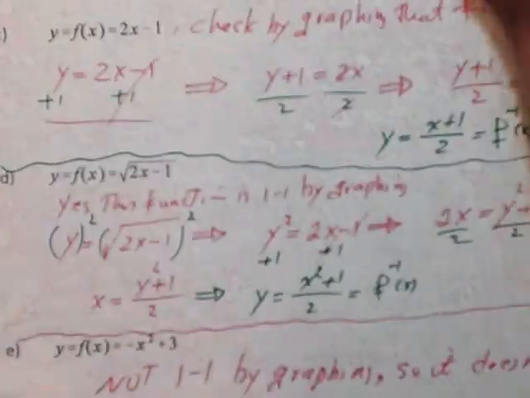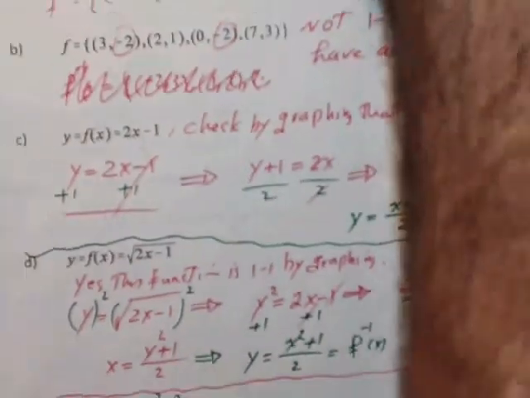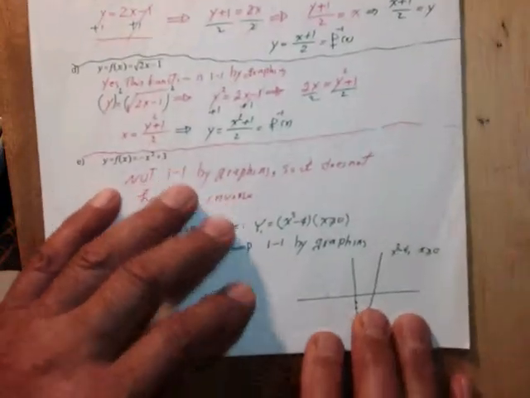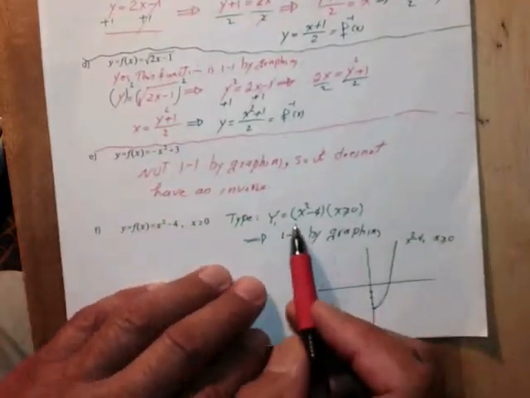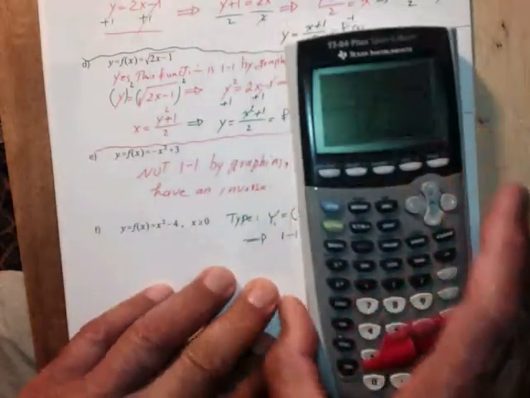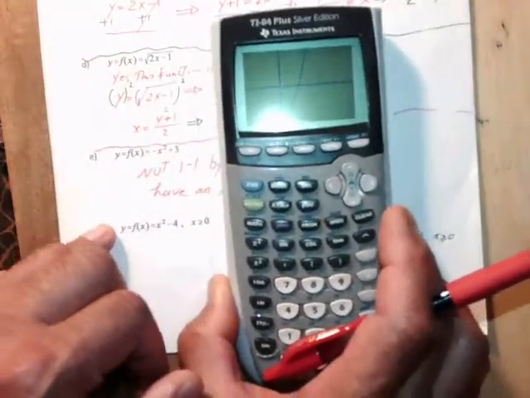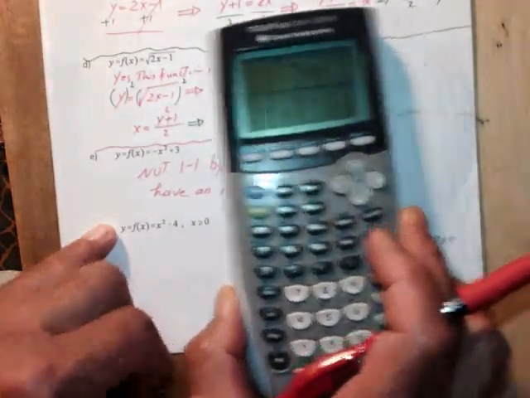Oh, sorry. This is smaller. I was saying that if I graphed it, of course, as I said, it looks like this. So it's one-to-one.